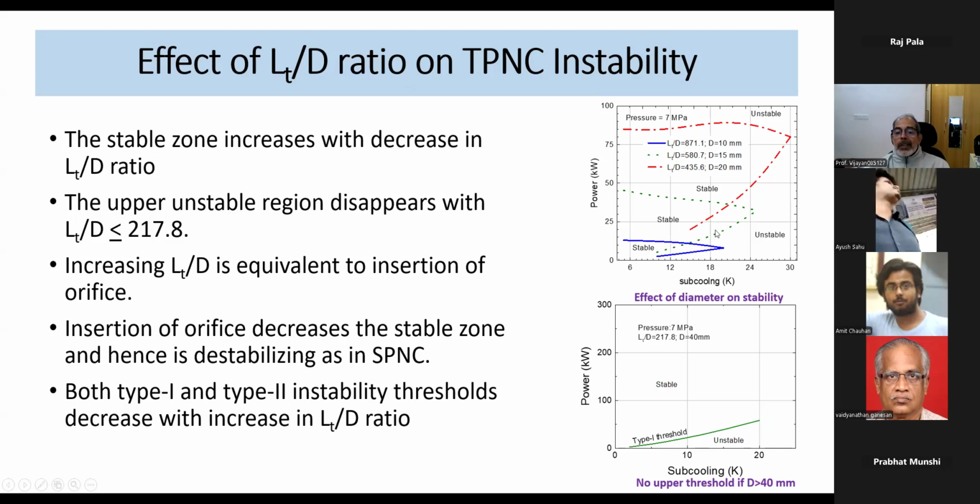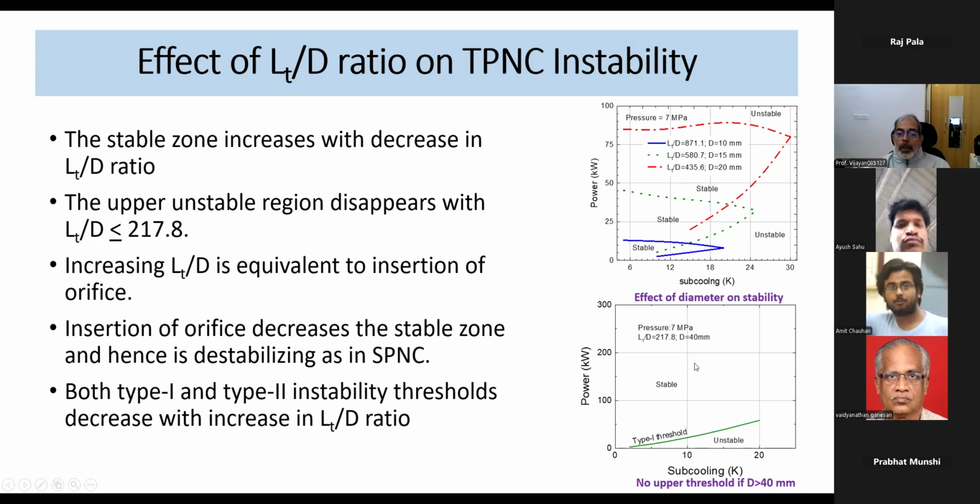If you decrease the L by D to, let's say, 580, then you find a much larger stable zone is observed. And if you go to, let's say, 435, your L by D is still lower, and in all these cases we kept LT the same but the diameter changed, and then we find it is a much more stable zone.